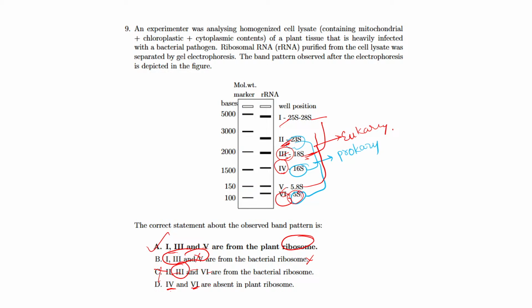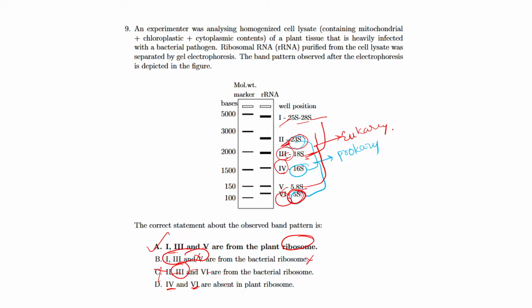Why are 4 and 6 absent in plant ribosome? This option is wrong because we cannot say that particularly this 5S and 23S are absent in eukaryotes. The major ribosome association takes place over 28S and 5.8S in eukaryotes, but these 23S and 5S are also present in eukaryotes.